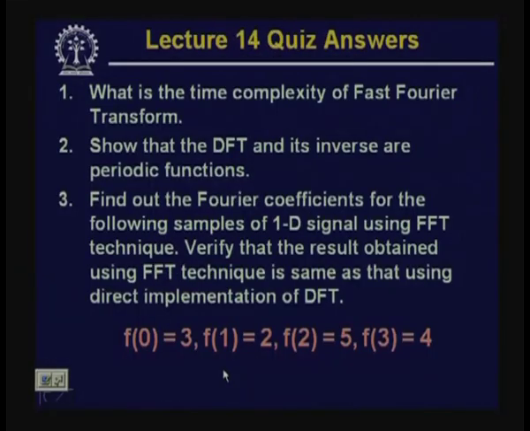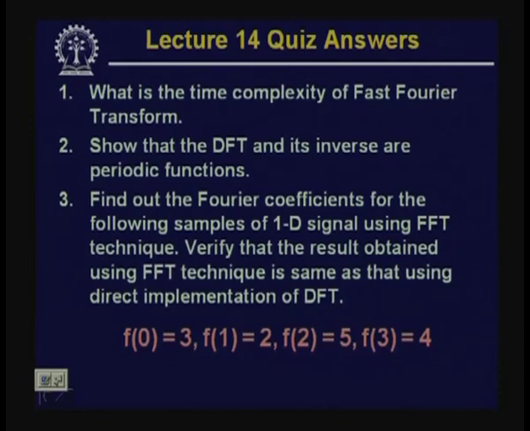Now, let us discuss the questions that we gave in the last class. The first one is the time complexity of the fast Fourier transformation. If you analyze the way in which the fast Fourier transform is implemented, you can easily find that the computational complexity will be n log n, where n is the data size.